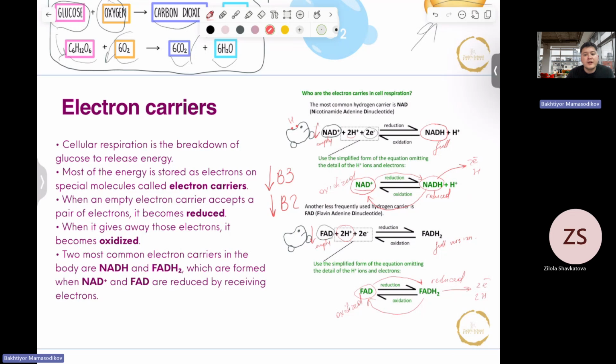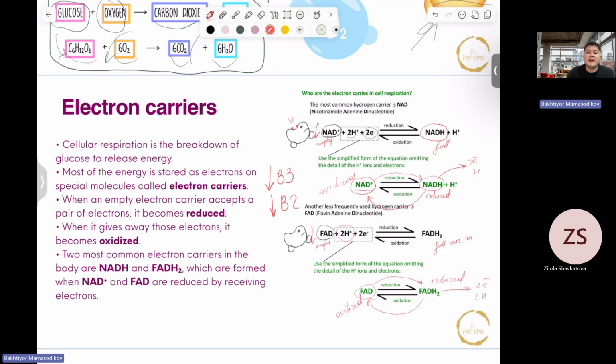The glucose gives its money to the courier, it gives off its electrons to the electron carrier, and NAD plus then becomes NADH. So NAD was a courier, a taxi driver, and it becomes full after getting that money, or electrons. It becomes NADH, full of energy.